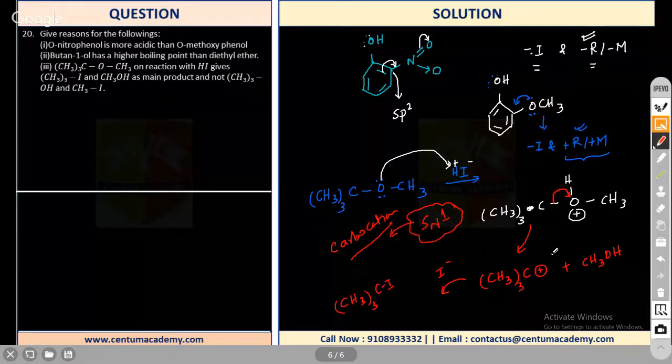That's why we get CH3OH and tertiary iodide here. Clear? Okay, so that's the reason.